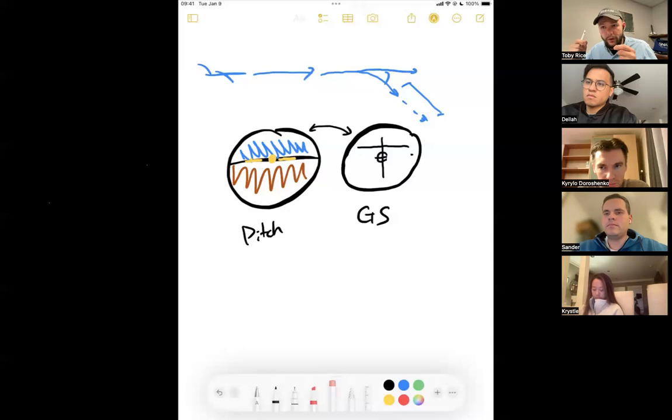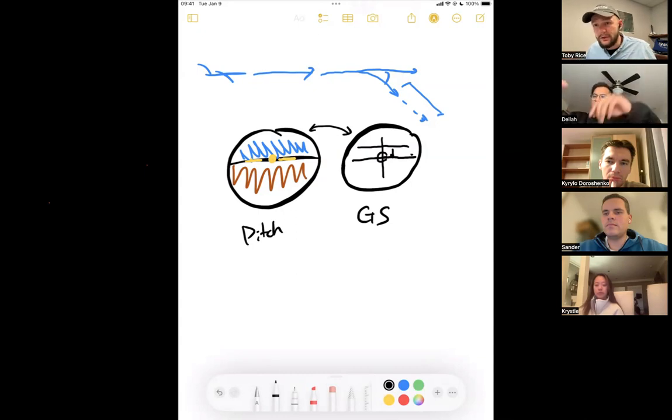I would pull the stick back slightly and that glide slope would immediately come back down to center instantaneously. So if you need quick corrections on your glide slope, I would use your pitch. And then you could use your power for speed. It's actually the reverse of how people usually teach it.